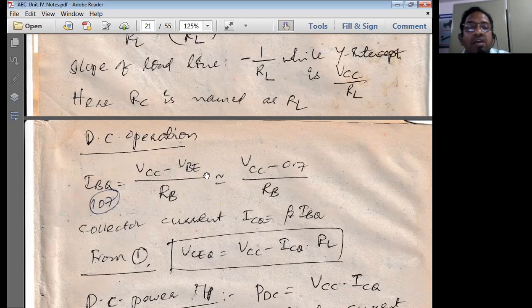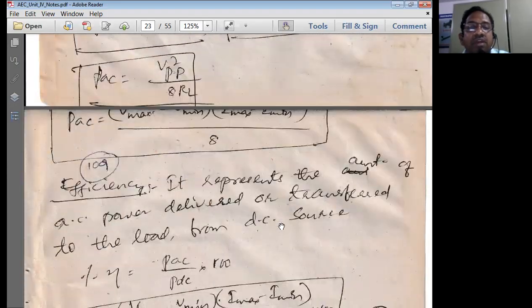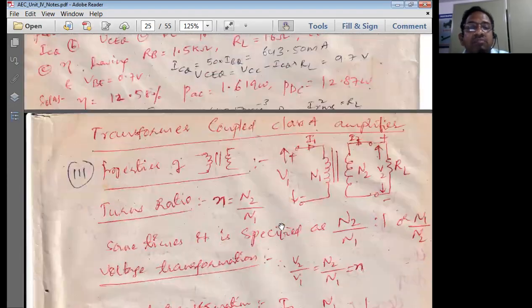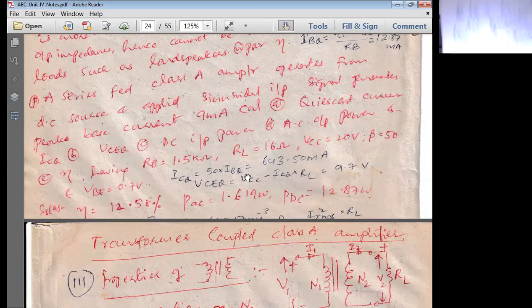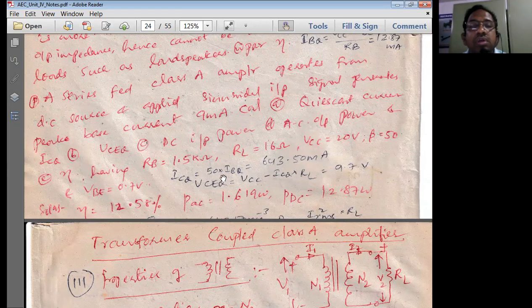VBE we take as 0.7, divided by RB. Substituting all of them in this equation, we get IBQ as around 12.86 milliamperes. Multiplying by 50, we get 643.50 milliamperes.